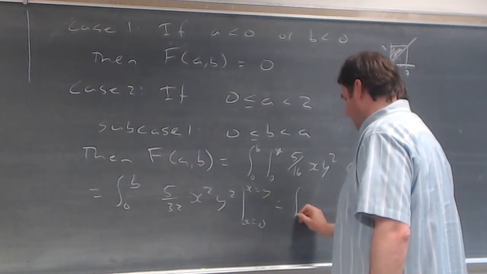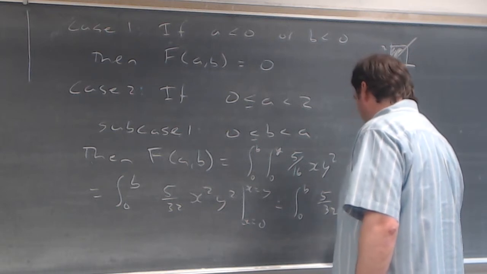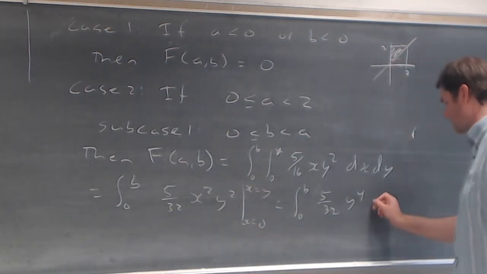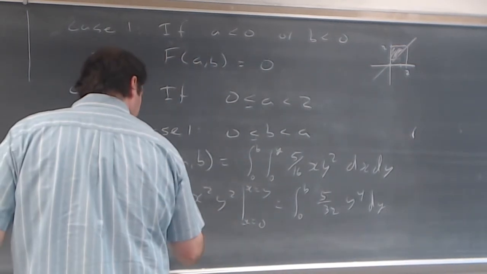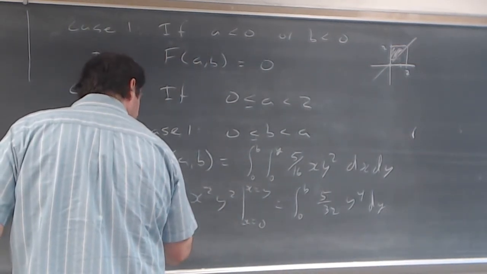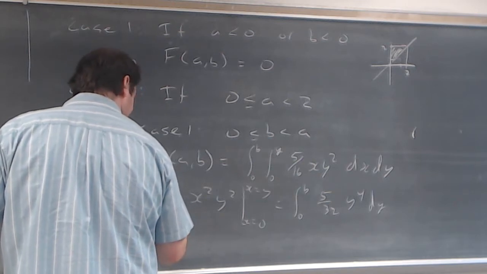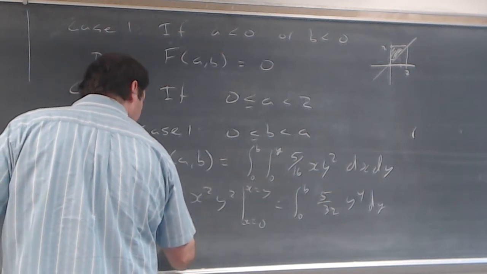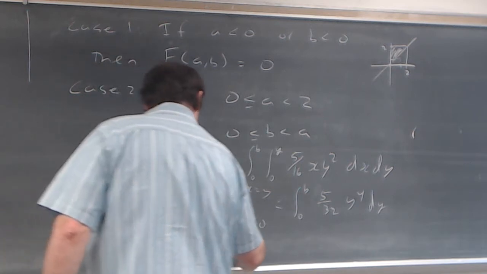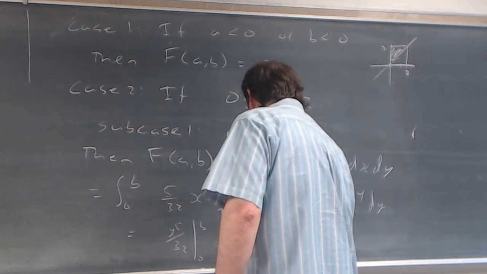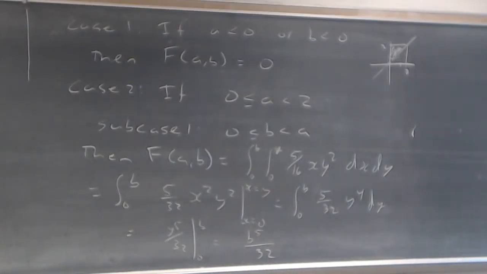This is the integral from 0 to b of 5 over 32 y to the 4th, and when we let x be 0, we just get 0, dy. The antiderivative is y to the 5th over 5, which cancels with the 5 in the numerator. So it's y to the 5th over 32, from 0 to b. So this is b to the 5th over 32. That's what we get for this situation.